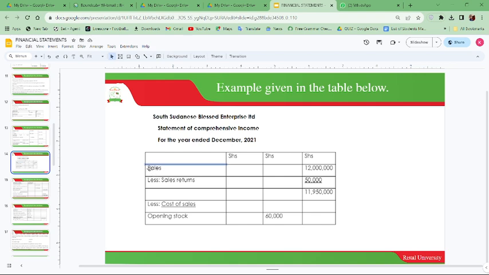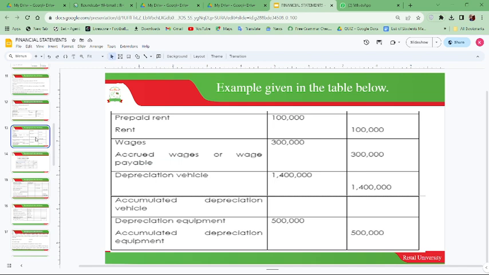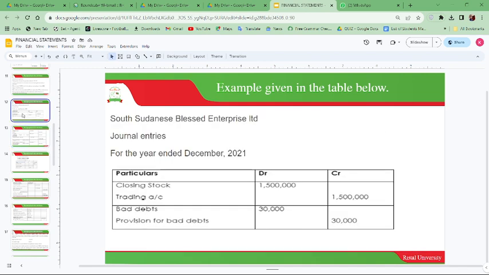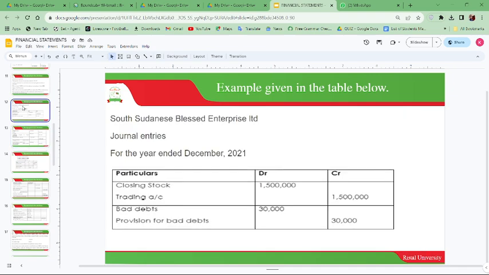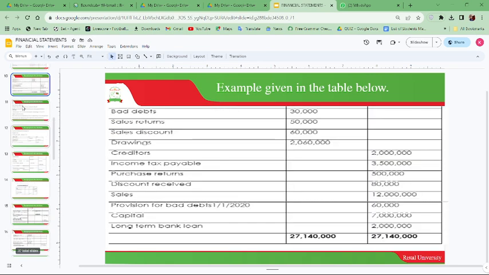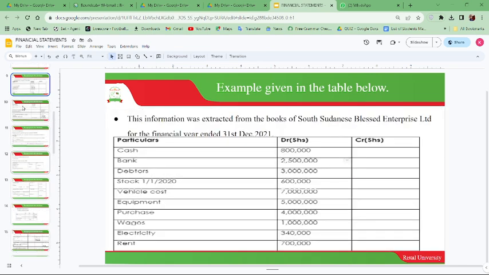So we start with our sales. We go back to the information that we are provided and look for where sales is.